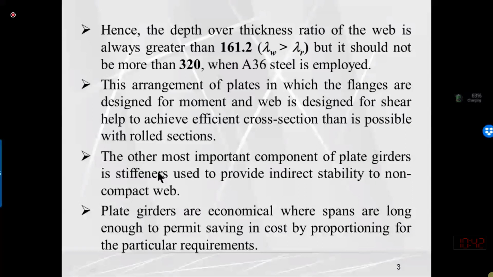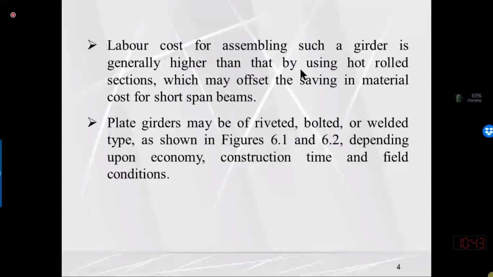Plate girders are economical where the spans are longer, since we can reduce cost by proportioning for the particular requirement. So they are economical for longer spans or for very heavy loads. Labor cost for assembly of a plate girder is generally higher than that of hot rolled sections, which may offset the saving in materials.